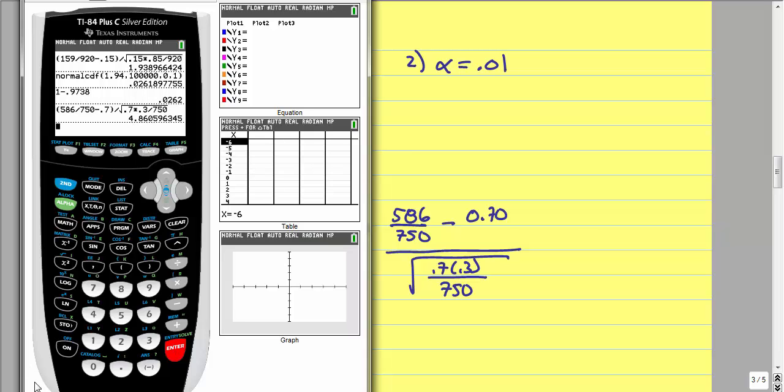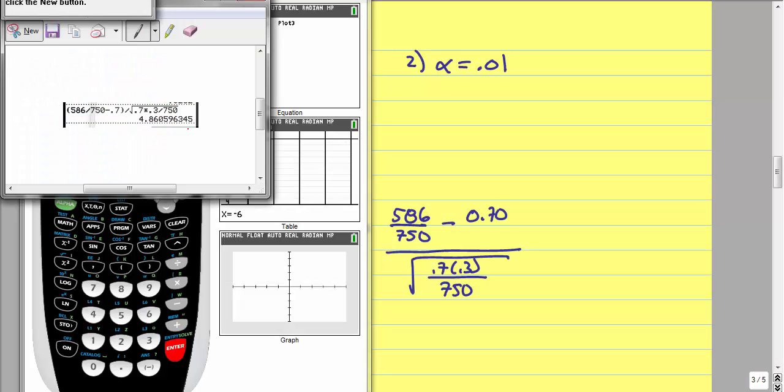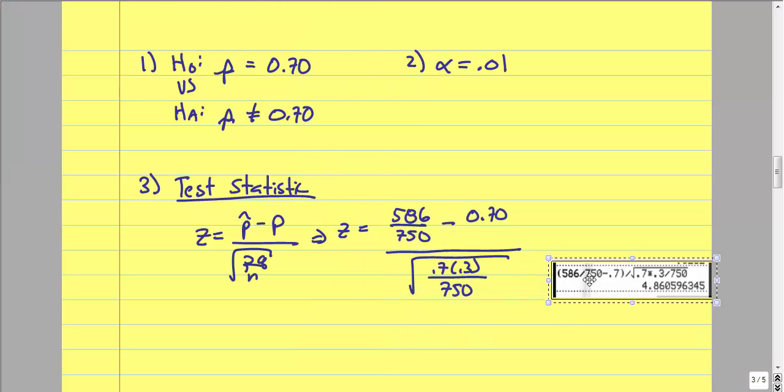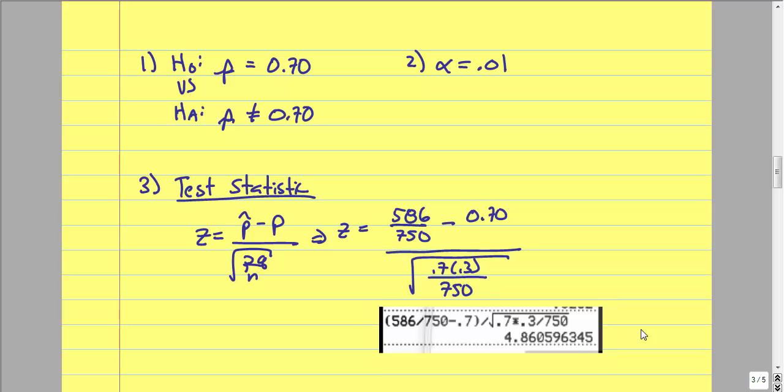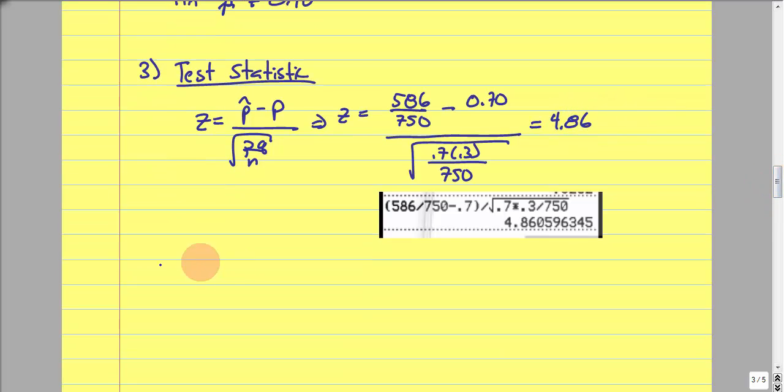I get 4.86, and let's add this to our lecture as well. For my calculator results, this is 4.86 standard deviations above the mean. That's a long way, because remember, that's what a z-score is: the number of standard deviations I am above the mean. So that's my test statistic.